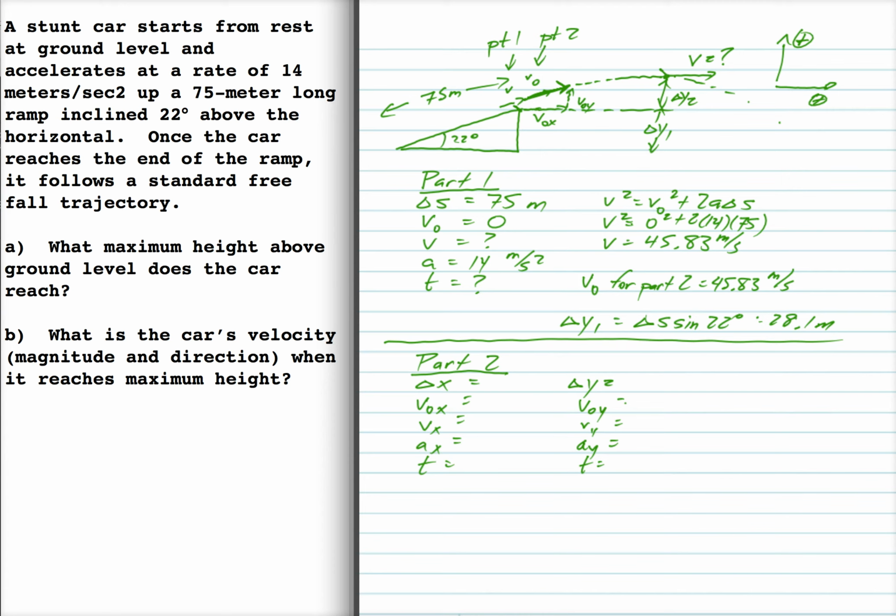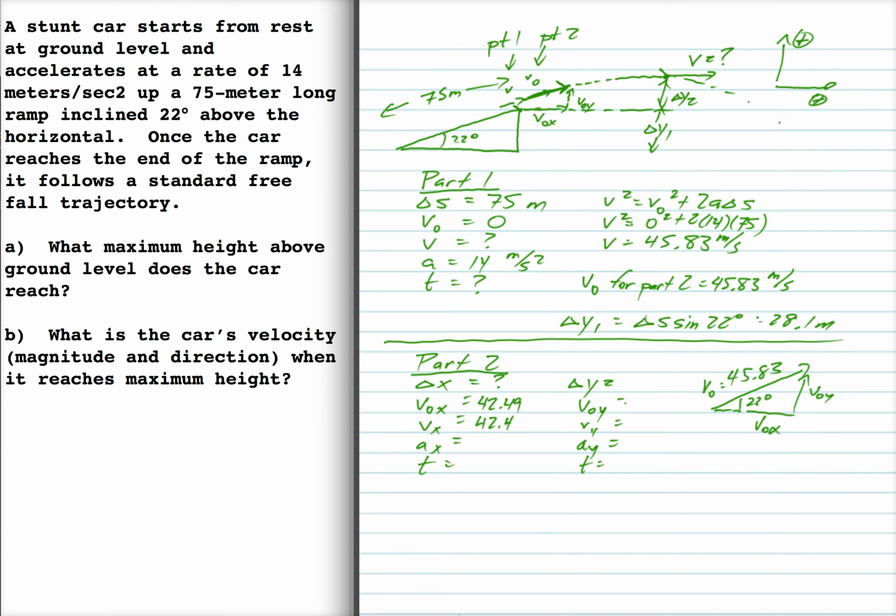Alright, so for this part, we have an initial velocity of 45.83 that is directed 22 degrees above the horizontal. So I've got my x and my y. My delta x I don't know, but my v naught x is going to be v naught cosine 22, which is 42.49 meters per second.